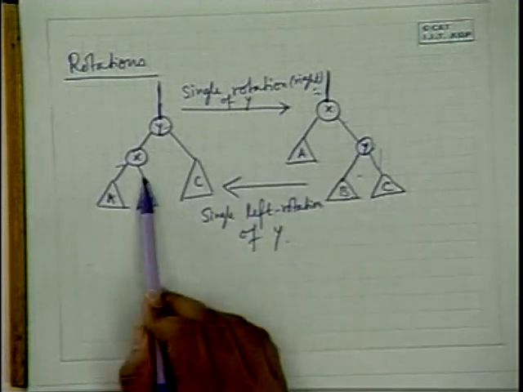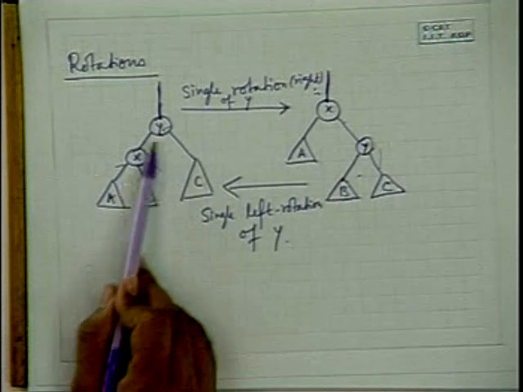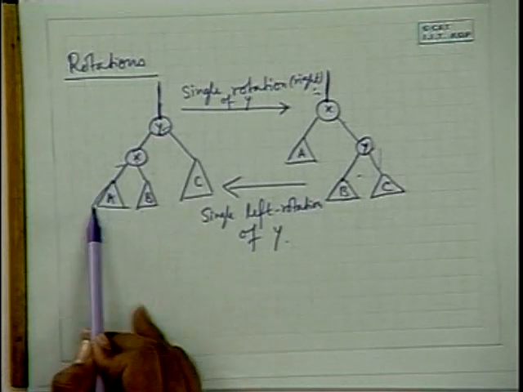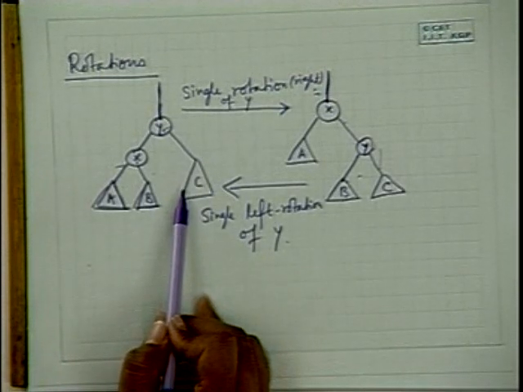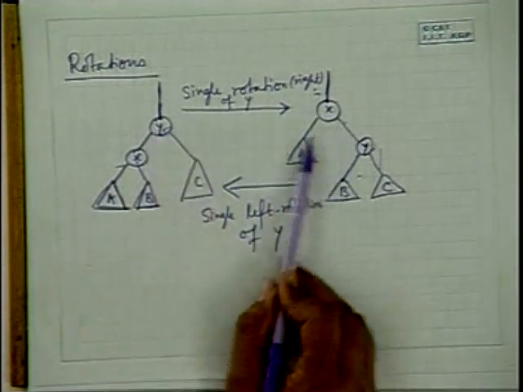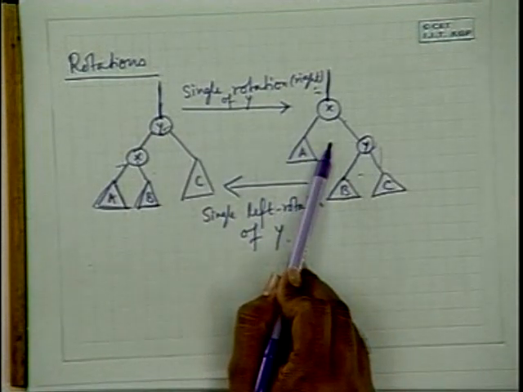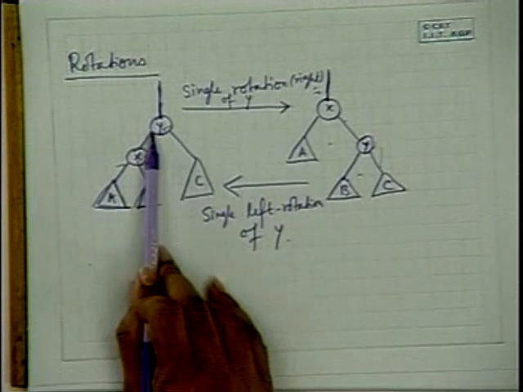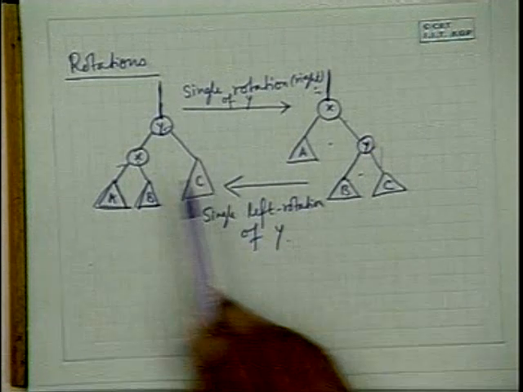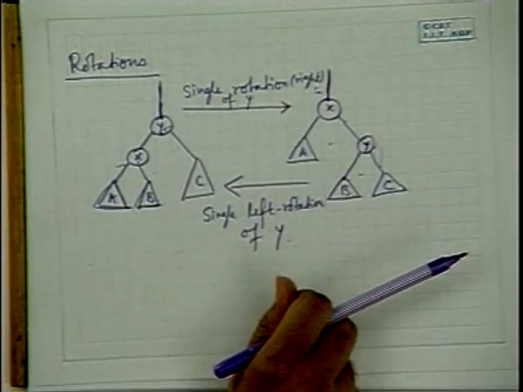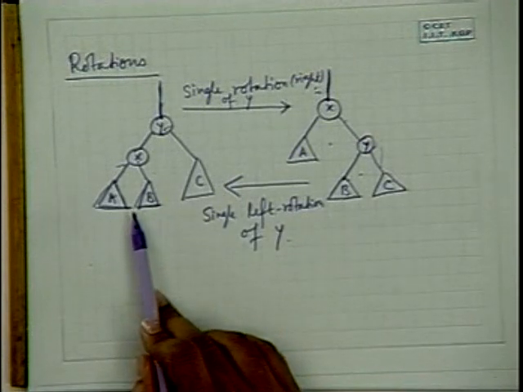Rotation means if you have a node y, a node x, and subtrees A, B and C, then by rotating to the right, this configuration becomes this configuration, as if y is going to the right and x is coming up. And just the opposite will be the left rotation.